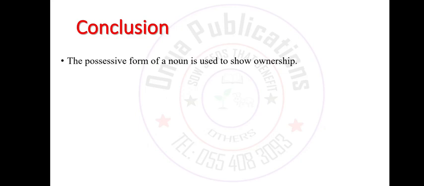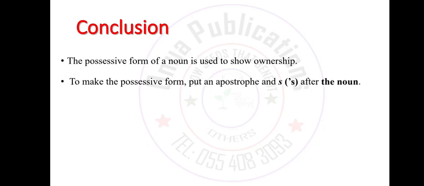Also, the possessive form of a noun is used to show ownership. To make the possessive form, put an apostrophe and S at the end of the noun. Remember that when the noun already ends in S, you may put only an apostrophe at the end of the word.